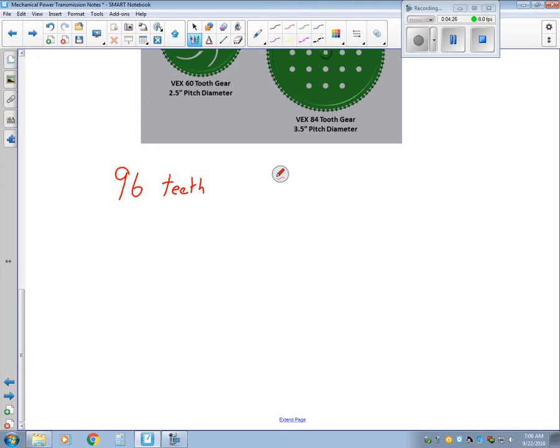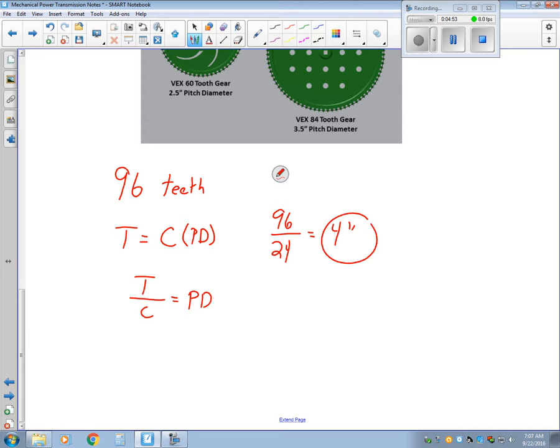Remember that the number of teeth is equal to that constant times the pitch diameter. If I took the number of teeth divided by our constant, that would give me my new pitch diameter. So using that, the number of teeth is 96 teeth. The constant for the VEX system is 24 diameter pitch. We find that we'd have to have a 4-inch gear.